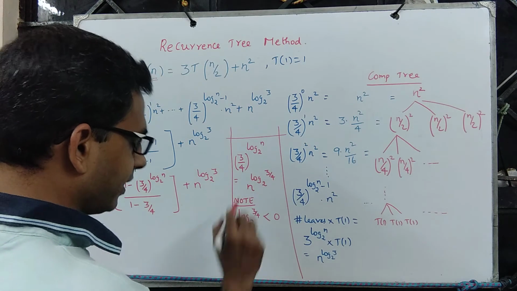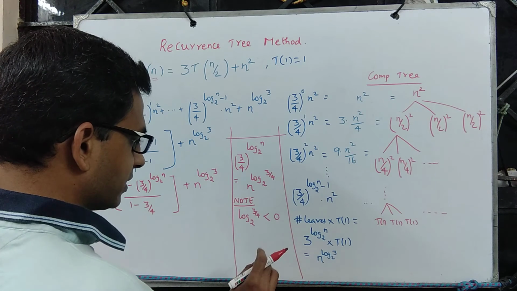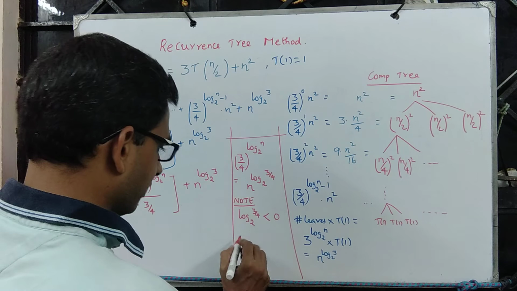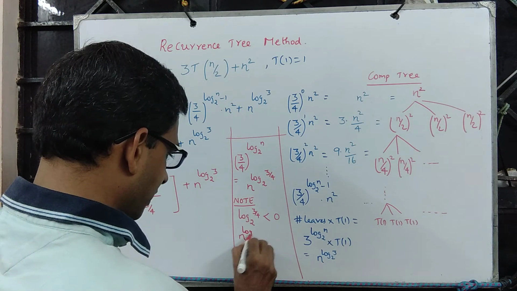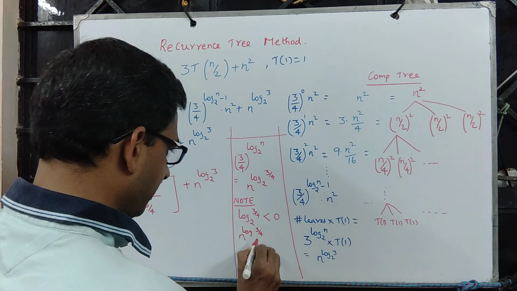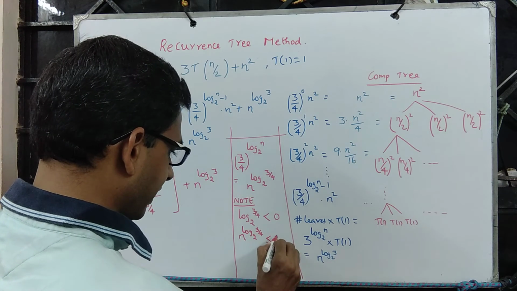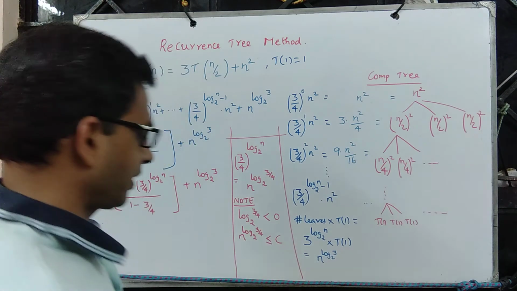That is 1 by n power c, or 1 by n power constant, which is again a constant, at most 1. Which means n to the power log (3/4) is upper bounded by some constant c.